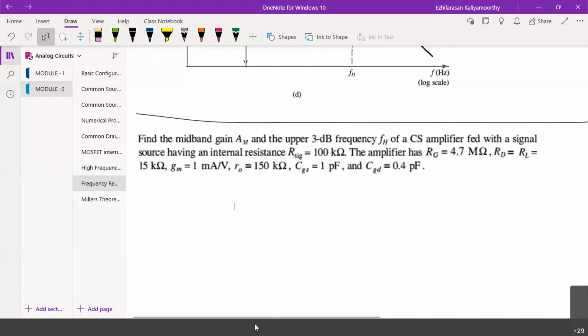Now you have to find out the parameter AM. To find AM, first you need to write the formula for AM, which we already know.